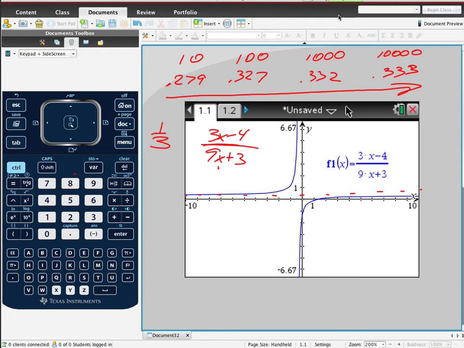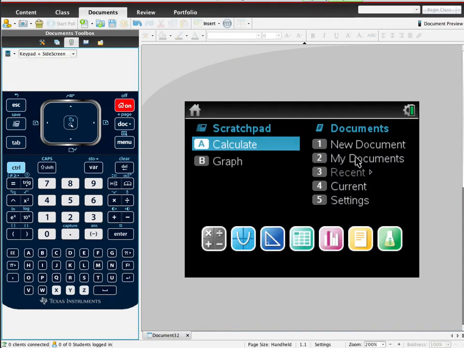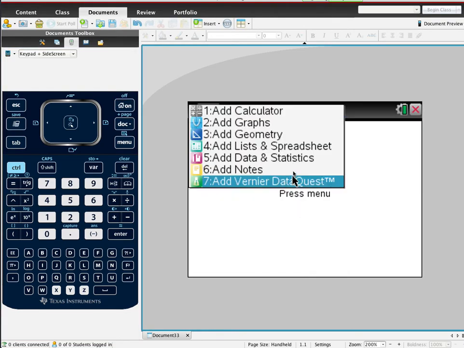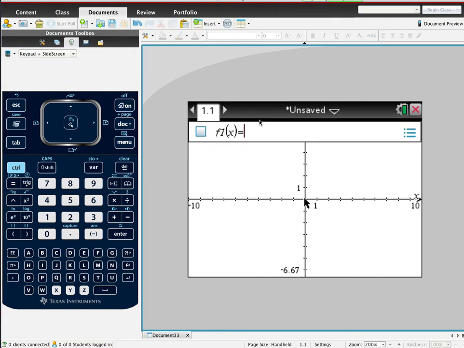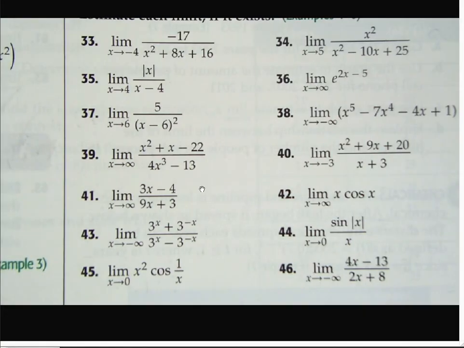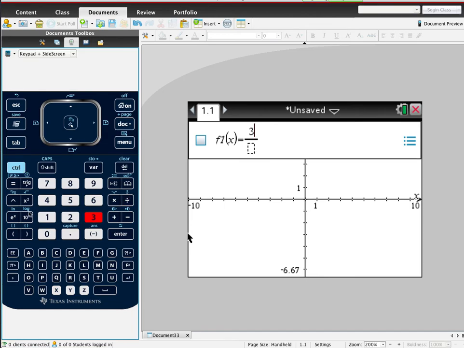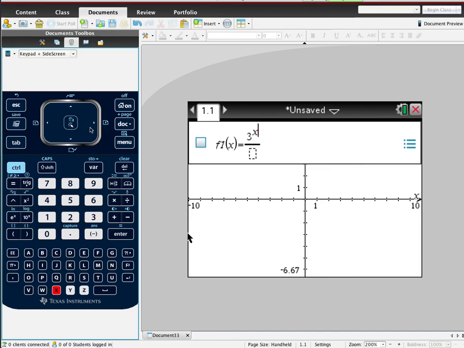Alright, one more. So I go home, new document, no, we want a new graph, and we're looking at number 43: 3 to the x plus 3 to the negative x. So you guys are going to have to help me on this. Control divide. 3 to the x, is it plus?